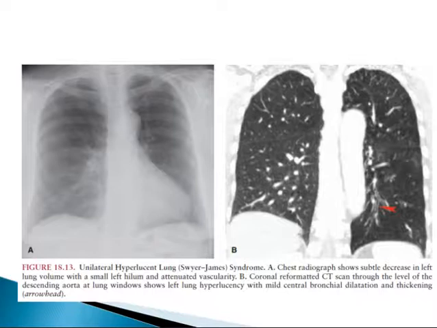And I think it's one of the very few causes where a lung will be small in size and hyperlucent. Usually you see a large-size lung and hypoattenuating. But in Swyer-James syndrome, it's small in size and hypoattenuating. Why? Because the vascular markings are less.